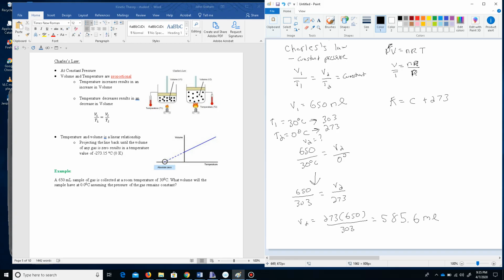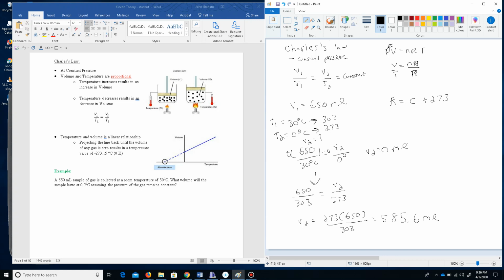Notice if we had not done that and had just kept this and multiplied 0 over, now you have 0 multiplying everything, and that makes that whole thing 0, and you get your volume 2 equaling 0 milliliters. I got a little caught up with that being 0.